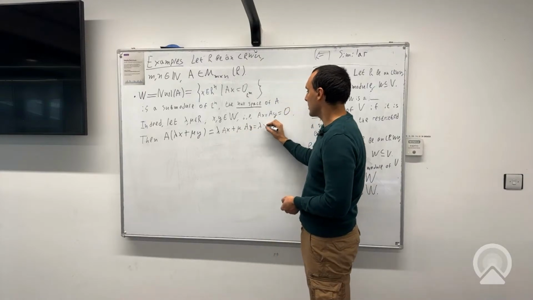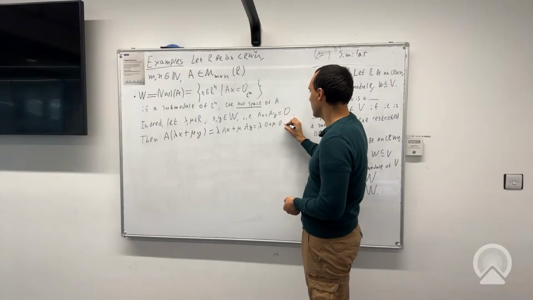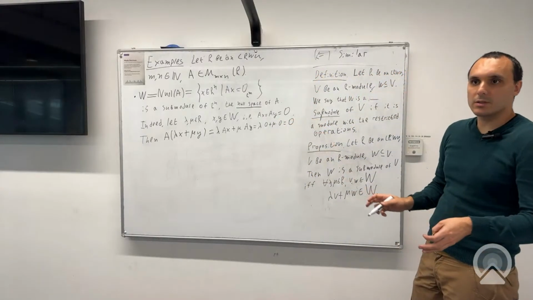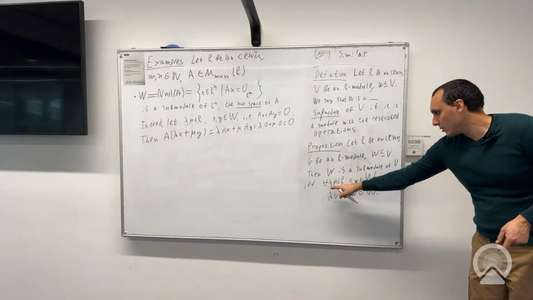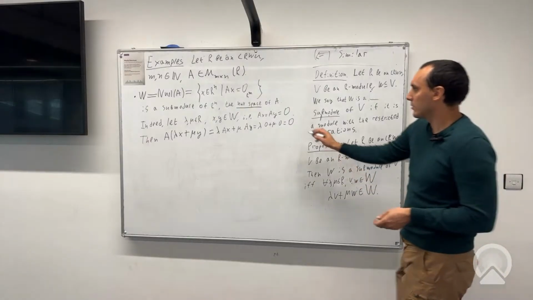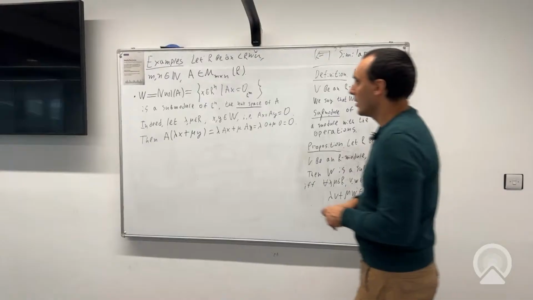This is lambda times 0 plus mu times 0, which is 0. So it is closed under linear combination. Not the definition, but the proposition that shows this.